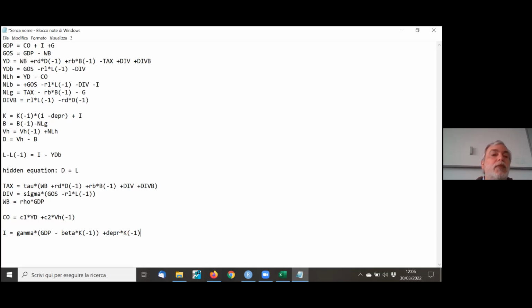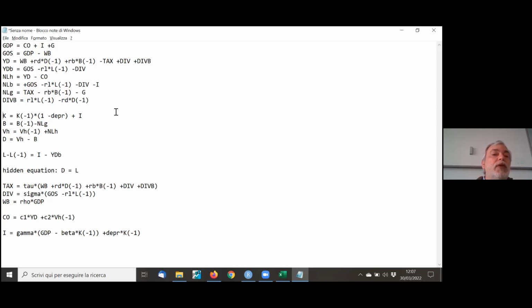But is not already considered in the capital stock, capital accumulation function? No, actually what will happen is that when we substitute this equation into here, this part will disappear, and you have that net capital increases by this amount.